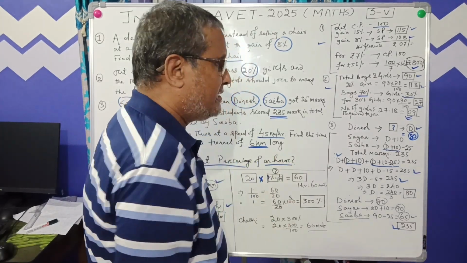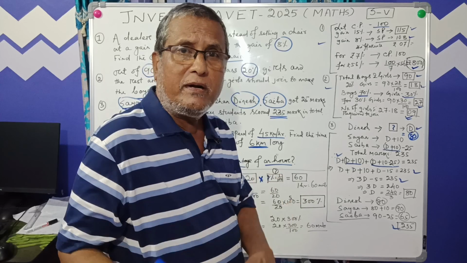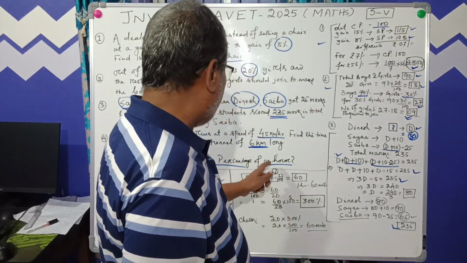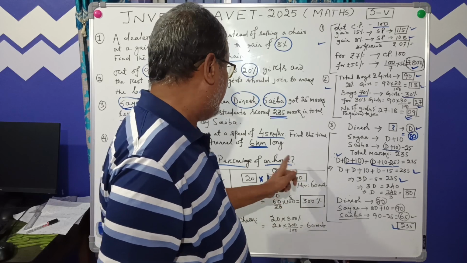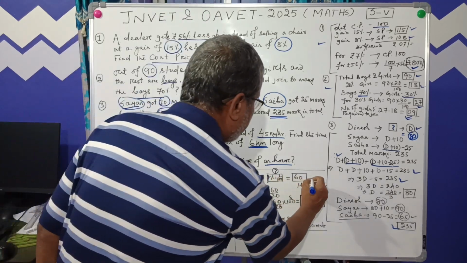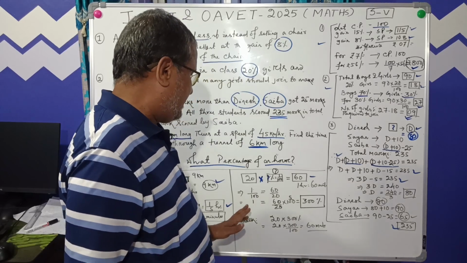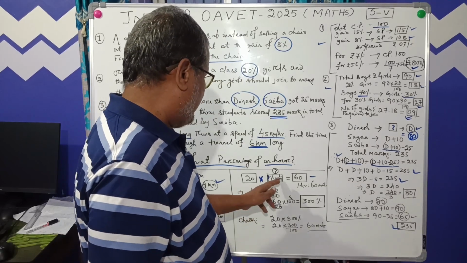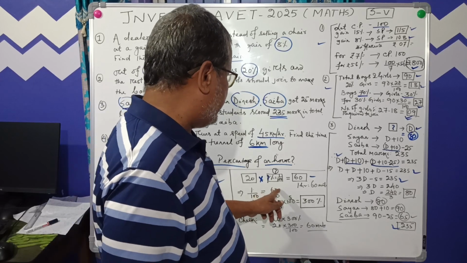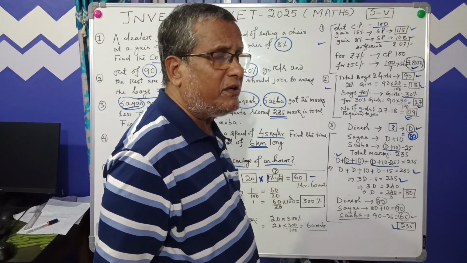What percentage? So percentage means out of 100, it is 1 by 100. Okay. Is equal to 60, and our 60 is already given. Okay. Because the unit here is minutes, so here it is 60 minutes. Okay. Then the percentage 1 by 100 will be 60 by 20 by changing the position.